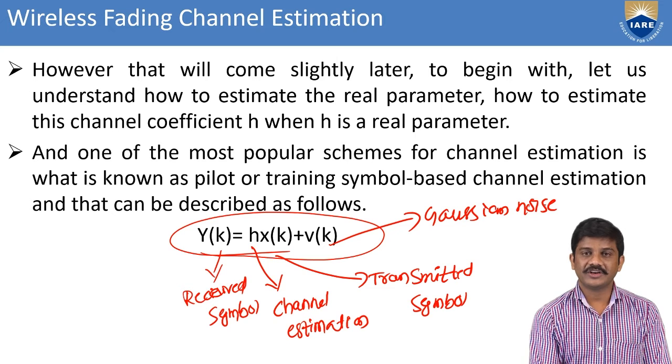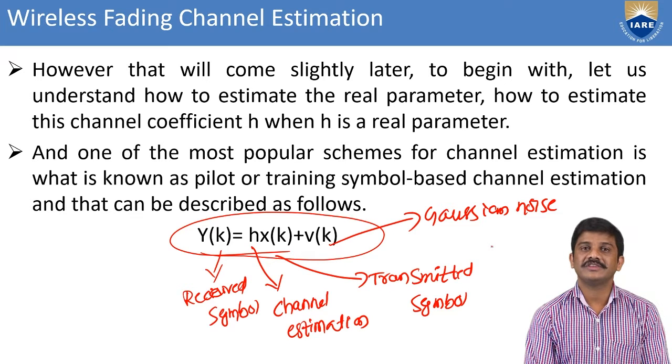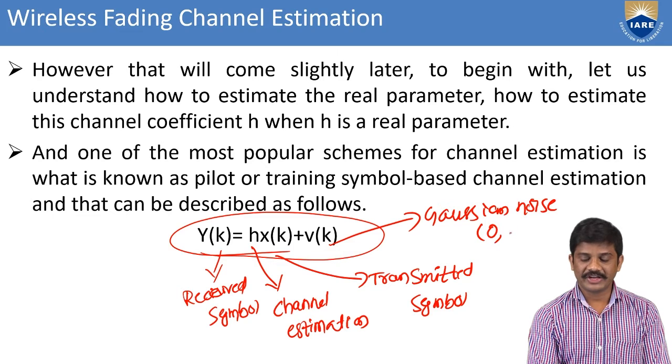In this Gaussian noise, as we found in the previous sessions, the mean is 0 and the variance is sigma square.